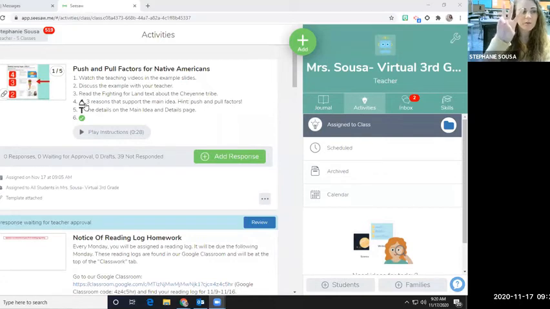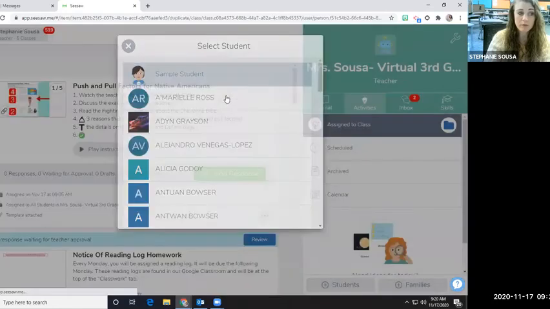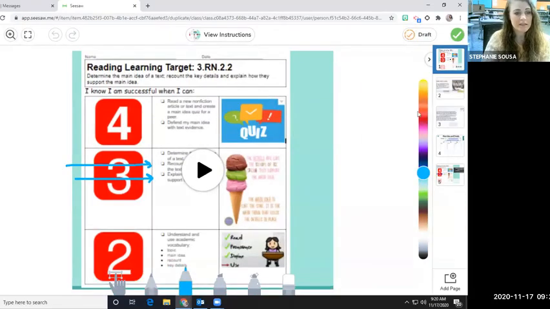Highlight 3 reasons that support the main idea. Hint, you are looking for push and pull factors. Type the details on the main idea and details page. You probably won't have time to finish all 3 details today, but you'll be able to get a good start inside of your breakout room. So you won't finish in your breakout room, but you'll get a good start.